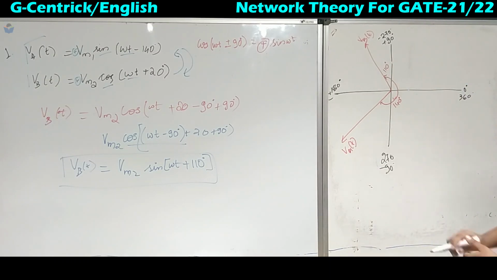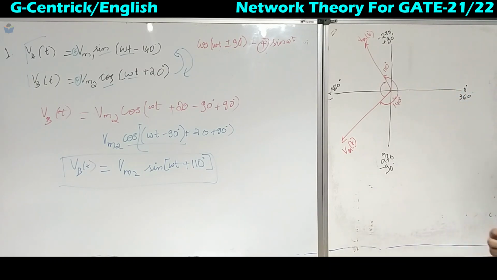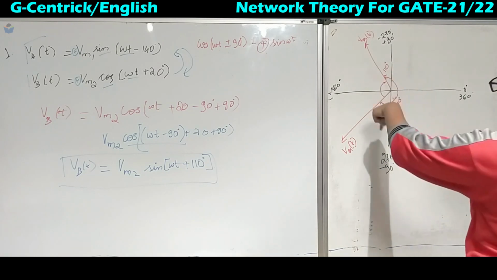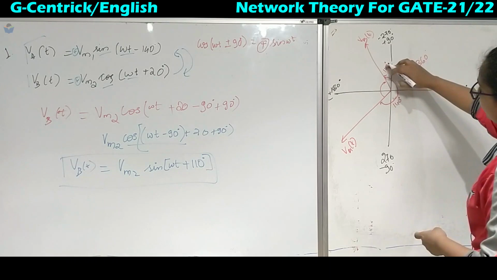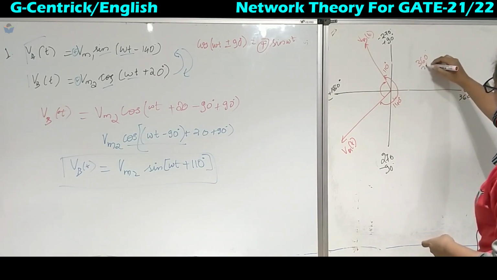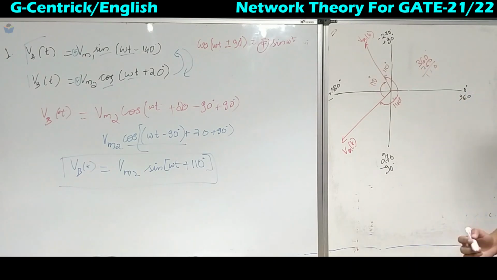Now what will be the angle in between these two, Va of t and Vb of t? It is simple. The whole angle is 360 degree, and if we subtract these two angles, that is 250, so again we will get 110 degrees.